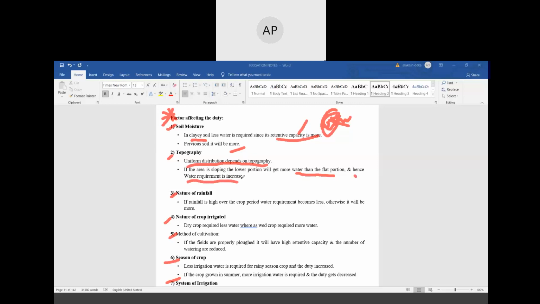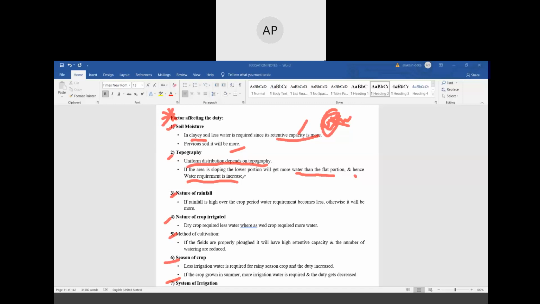Next is nature of rainfall. If rainfall is high over the crop period, water requirement becomes less. Otherwise, it will be more. So, whatever I have given to you, is that clear?